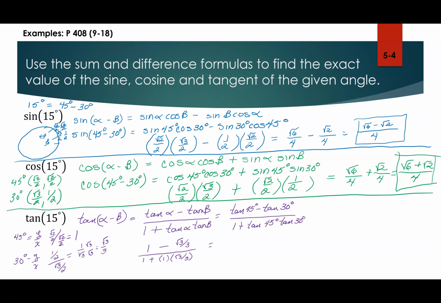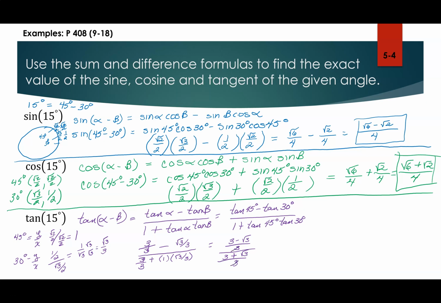Now we need to make a common denominator, so anytime you see a 1, remember it's the same thing over the same thing. If our denominator is 3, then it becomes 3 over 3, and then on the bottom the same, 3 over 3. So in the numerator, I have 3 minus root 3 over 3. In the denominator, I have 3 plus 1 times root 3 is root 3 over 3.